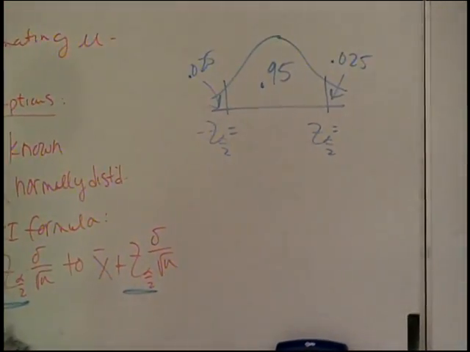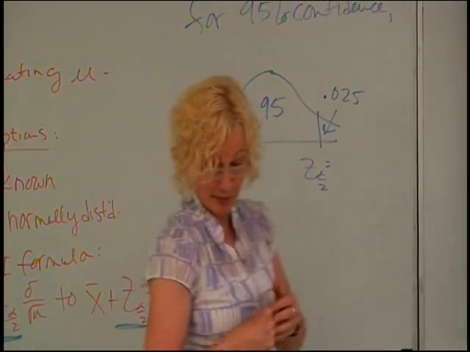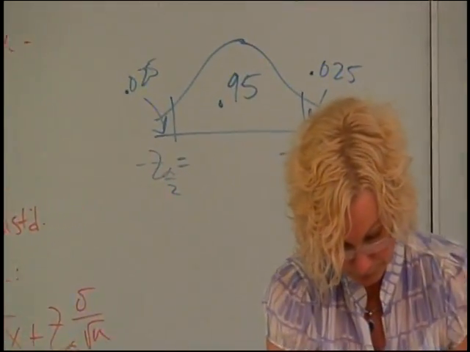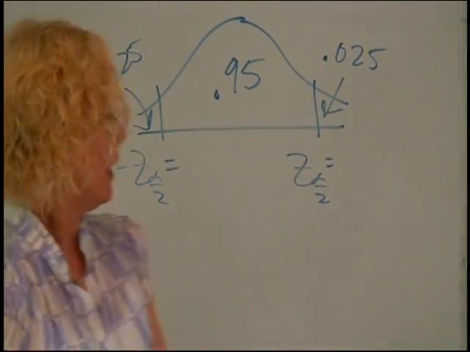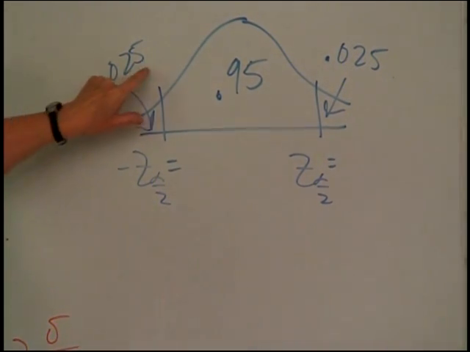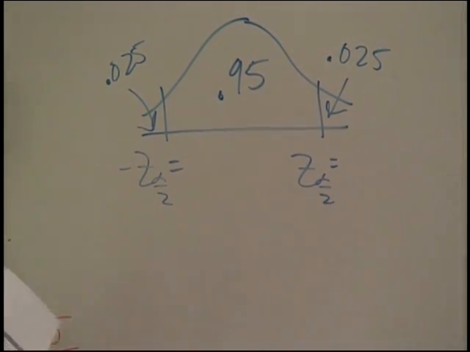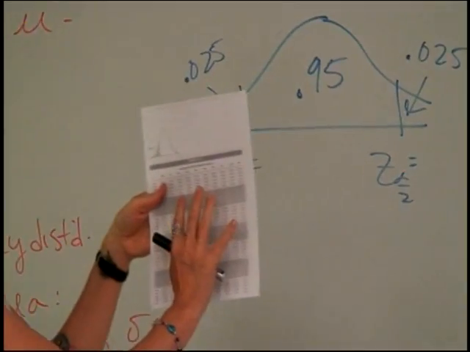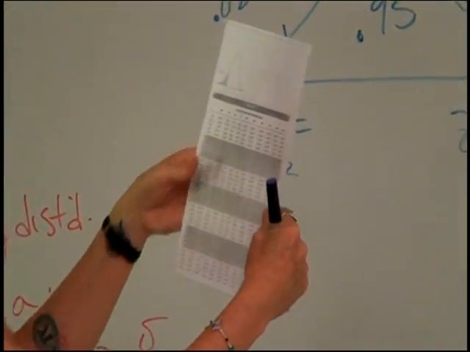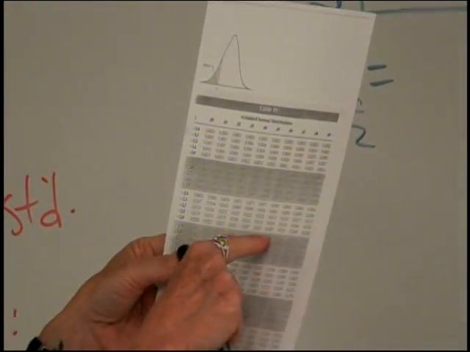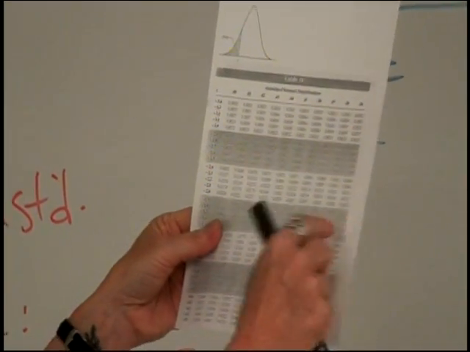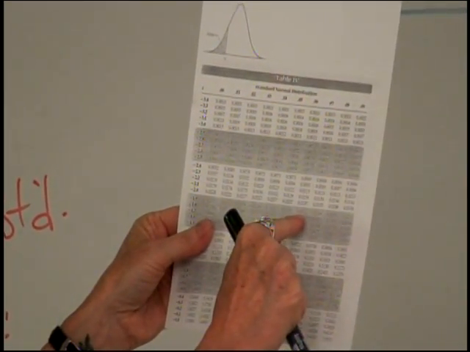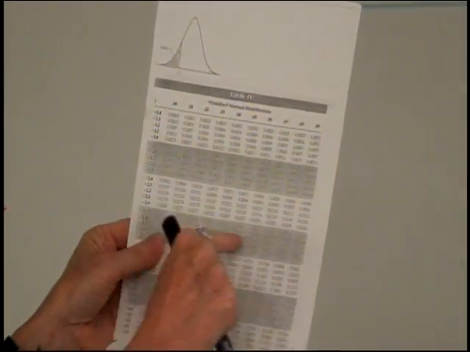Then grab your z-table and look for 0.025 probability on the left. For probability you're looking at the middle of the table, and this one comes out even. Your z-score is negative 1.96.